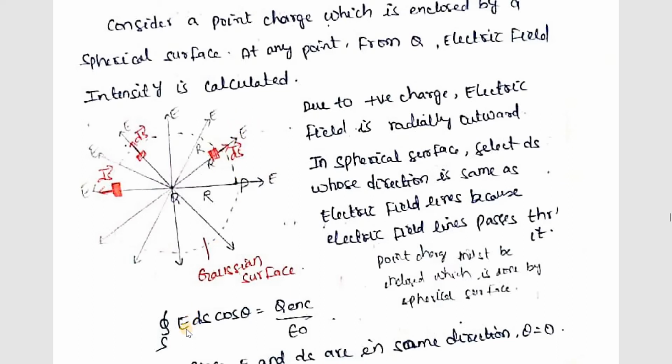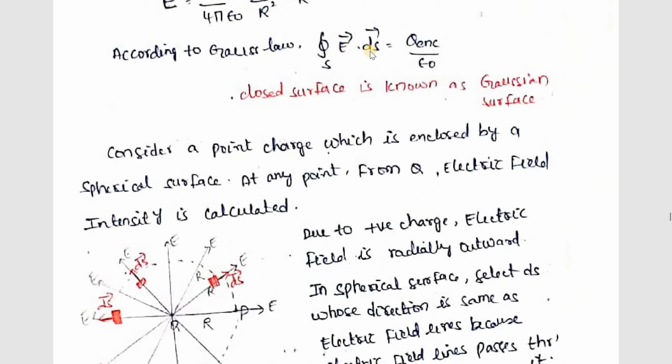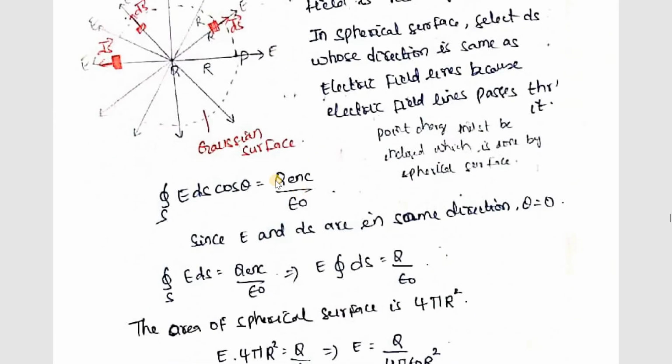So what does it become? E dot ds cos theta, because here you have E dot ds, and A dot B is equal to AB cos theta. So we get E ds cos theta equal to Q enclosed by epsilon naught. Since the direction of E and ds are the same, theta is equal to 0 degrees, so cos 0 is 1.